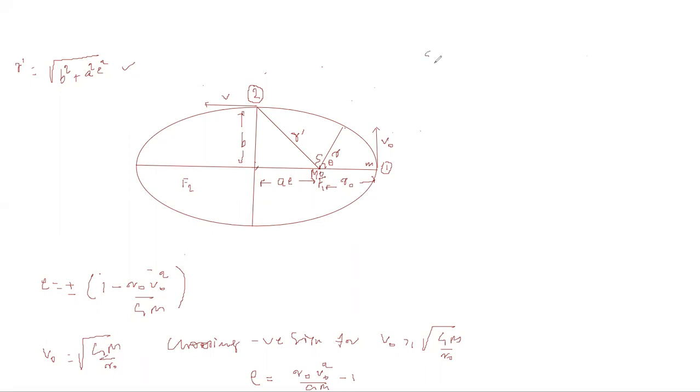It is r is equal to (1 plus e) being the eccentricity, into r naught upon 1 plus e cos theta. This is the polar equation of the ellipse.